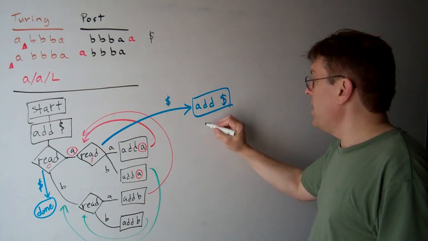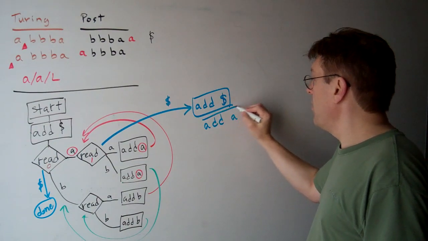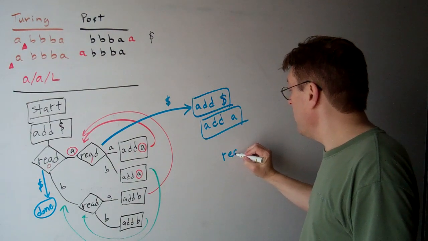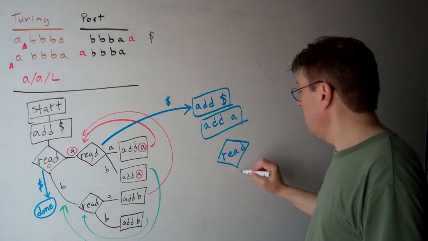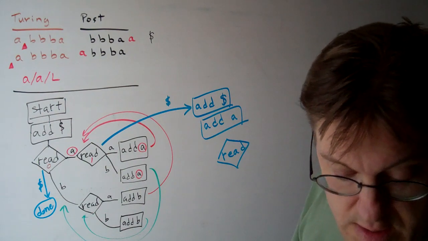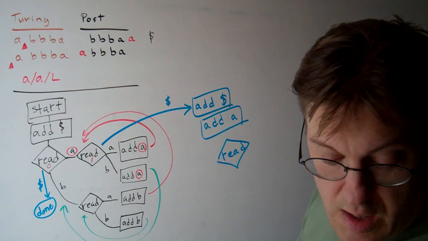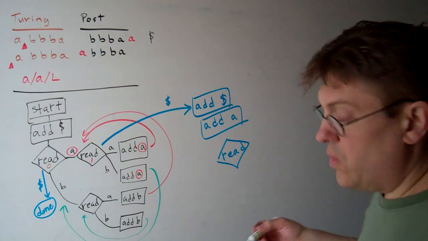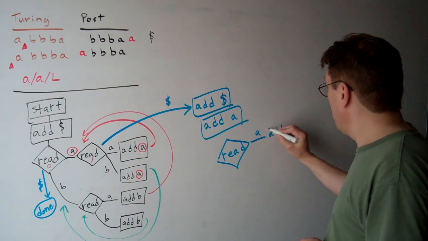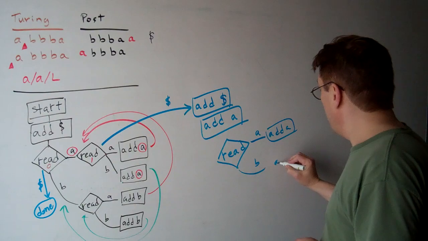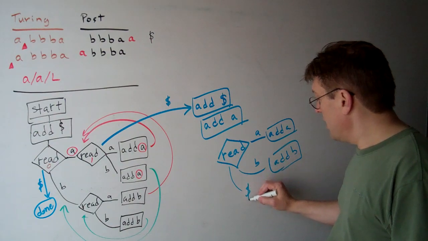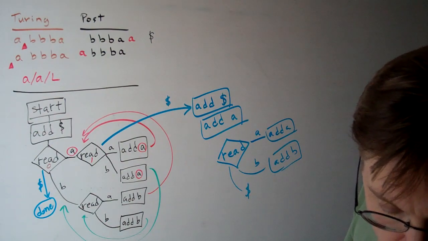We're going to add an A, and then we're going to read through the entire string we just wrote, and keep looping through that until we get to the dollar sign again. If it's an A, we'll add an A. If it's a B, we'll add a B. And if it's a dollar sign, we're done.